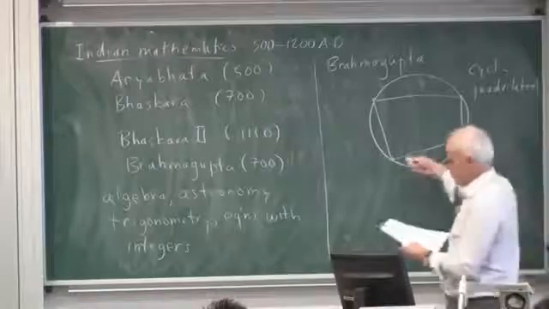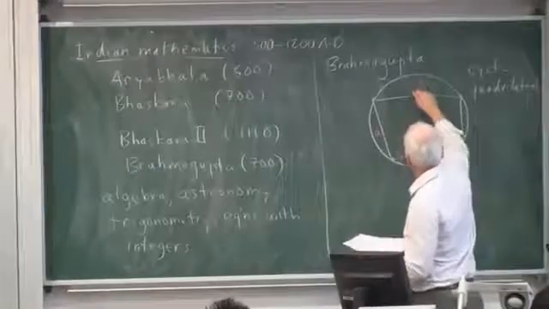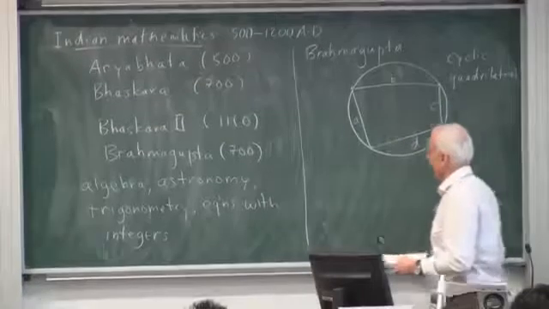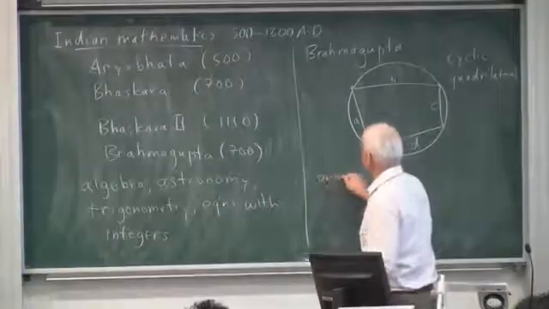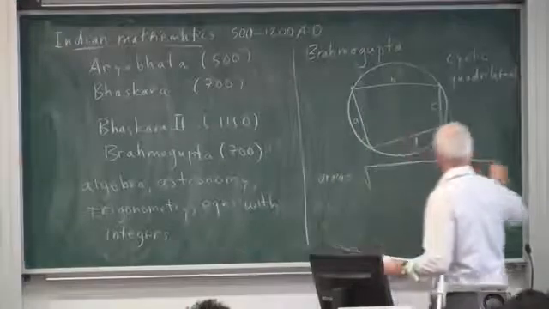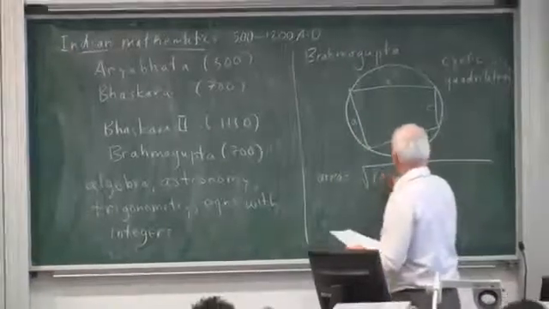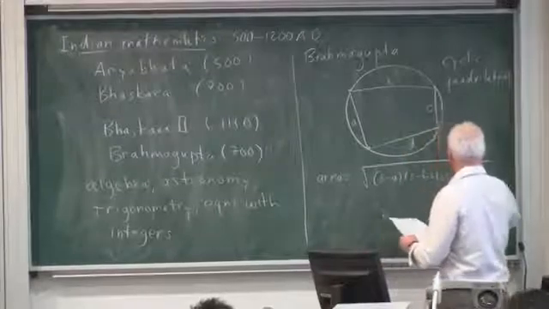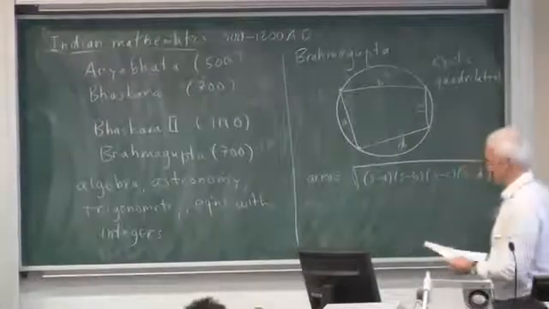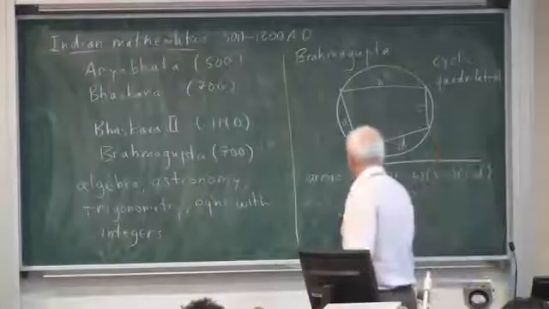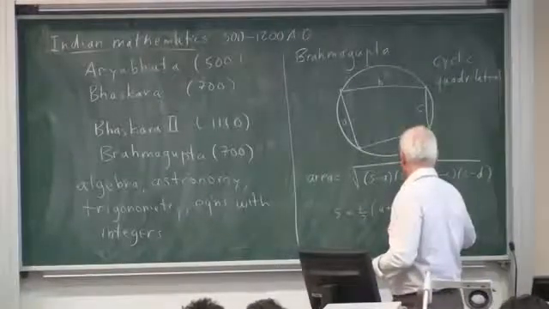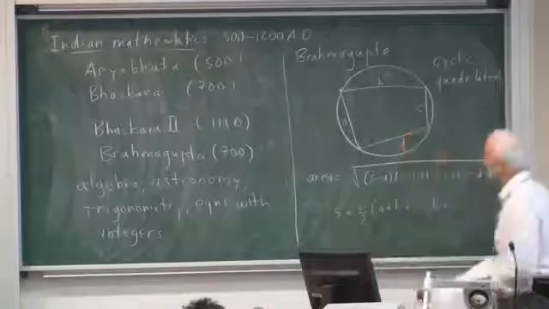If the sides are, let's call the sides A, B, C, and D, then he discovered the following area formula. The area is the square root of (S minus A)(S minus B)(S minus C)(S minus D), where S is the half perimeter, 1/2 of A plus B plus C plus D.